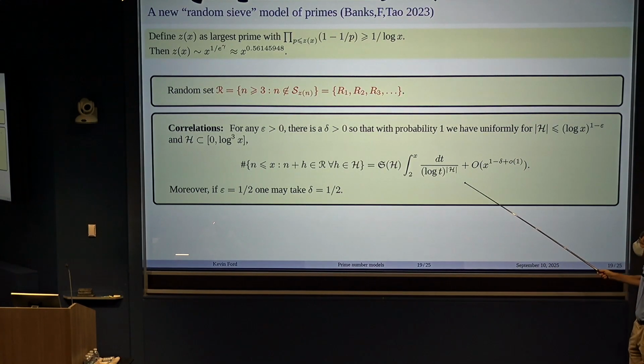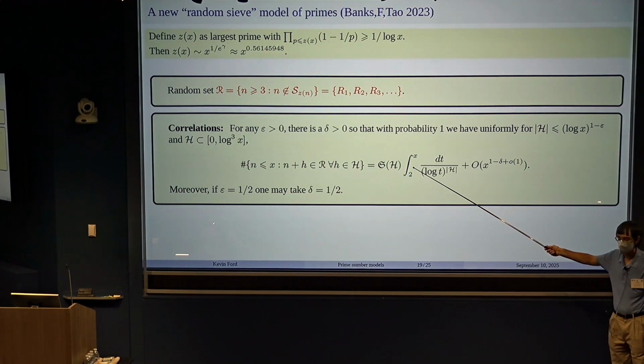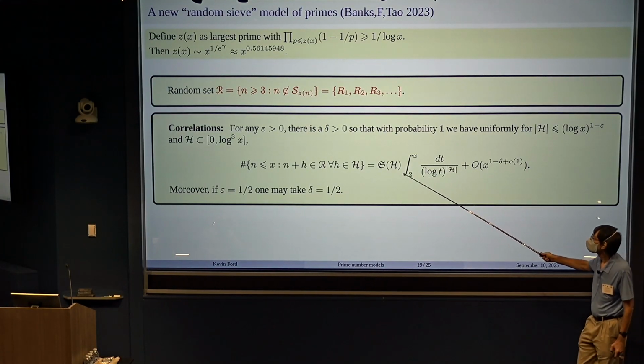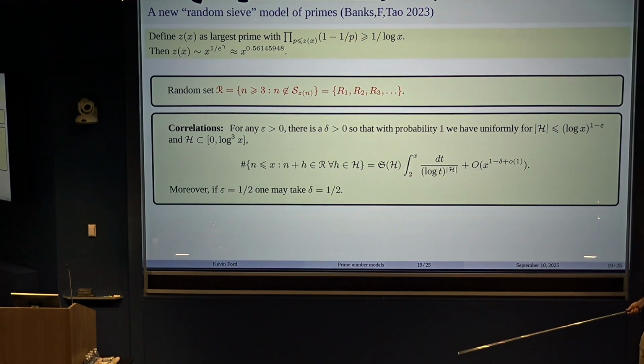And we have then, with very high probability, not only an asymptotic for the Hardy-Littlewood conjecture, but a version that gives a main term similar to that of the prime number theorem, with a power-saving error term uniformly over a big range of these sets H.